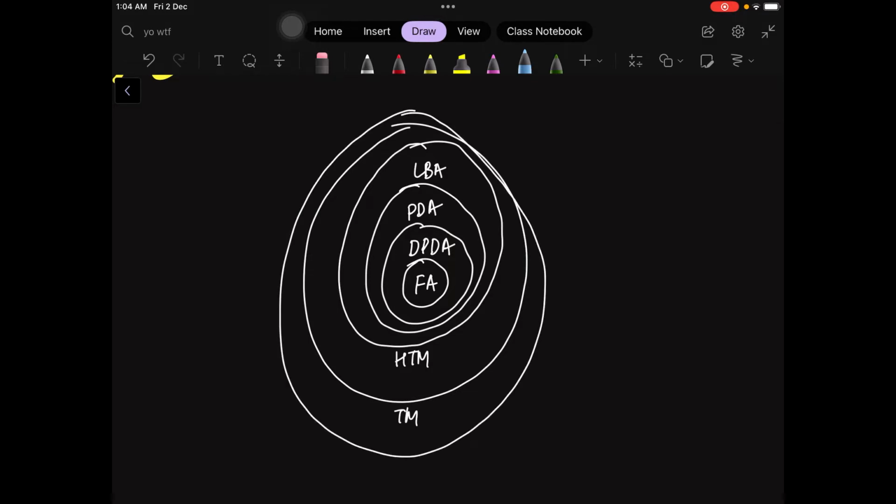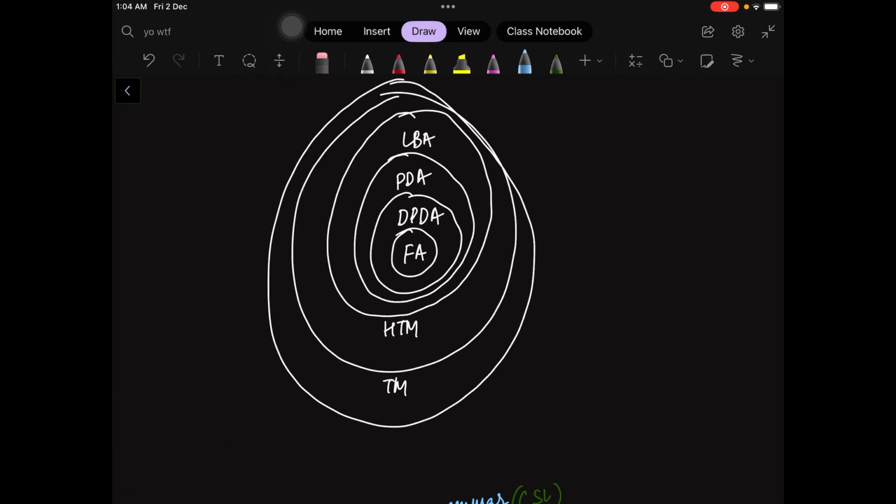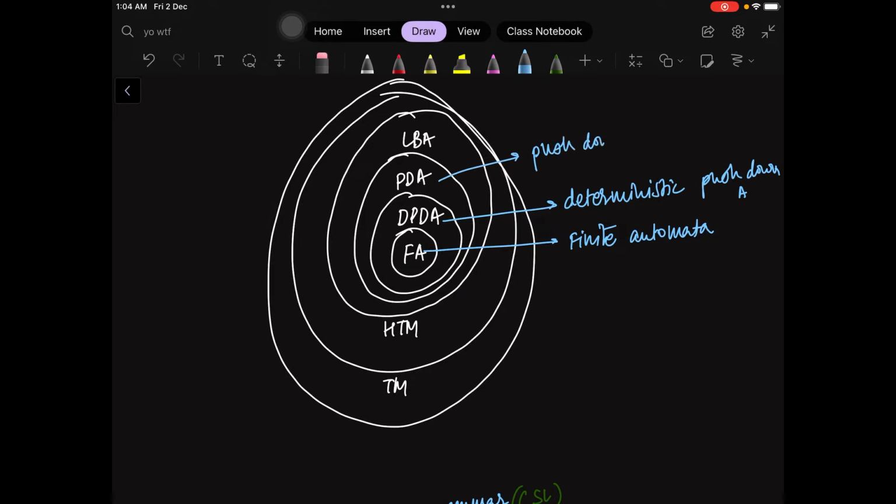So same strategy as before. This is finite automata. This is deterministic push-down automata. This is just push-down automata.